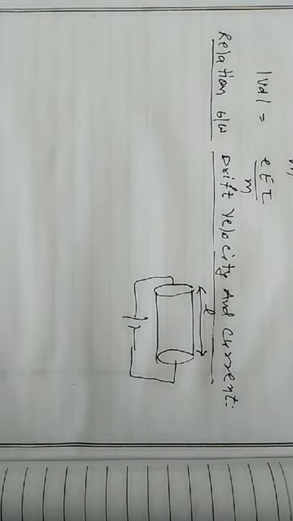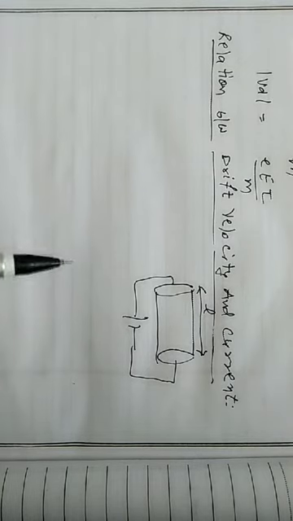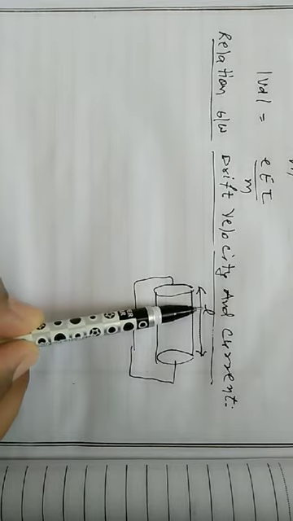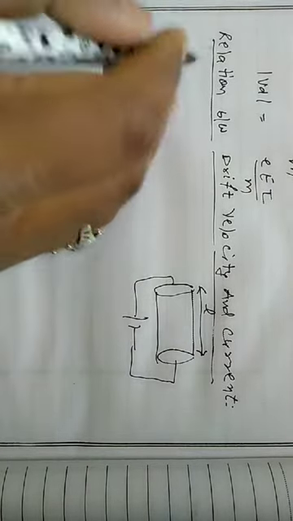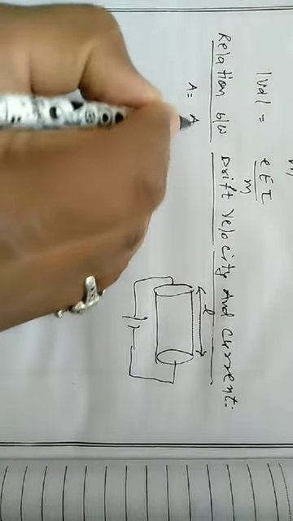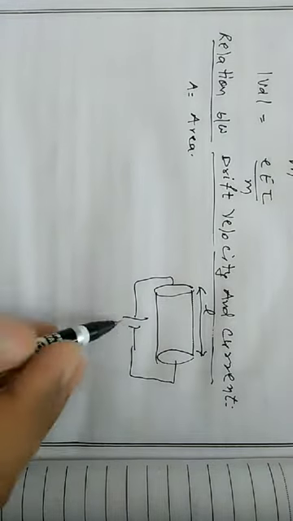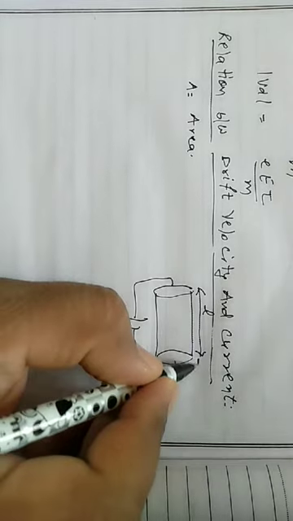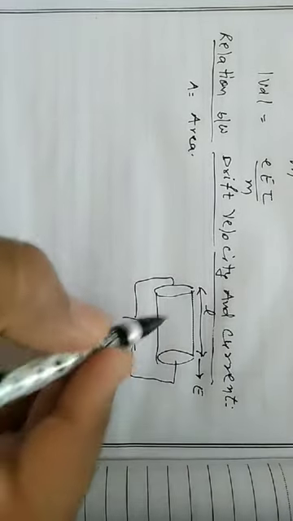Next topic is relation between drift velocity and current. Here L is length of a conductor, capital A is area of conductor, applied electric field is E. This is the direction of applied electric field.